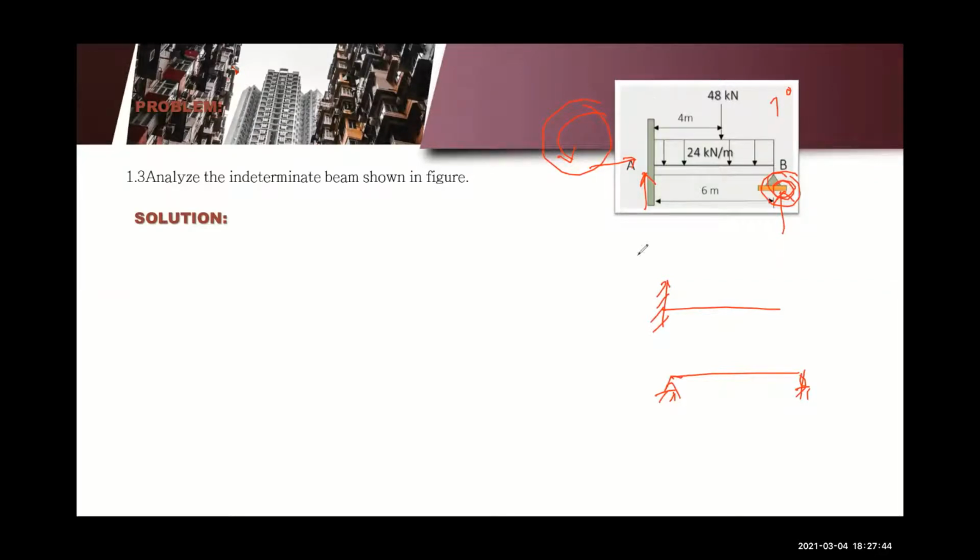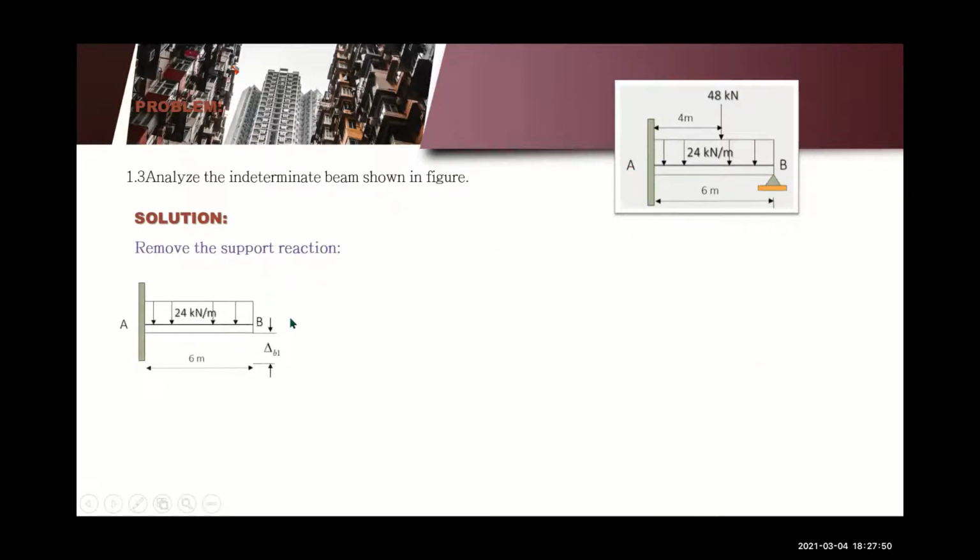And so first step, remove the redundant or remove the support reaction. Okay. So what I did here is, para hindi siya confusing, I separated the two loads. First is the uniform load, and then the other load is the 48 kilonewton.